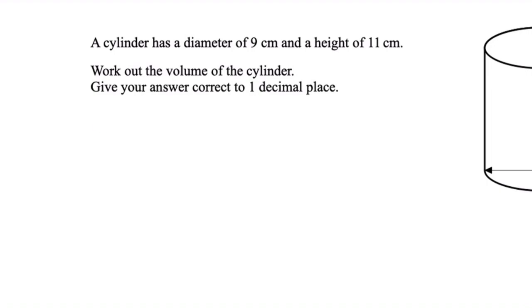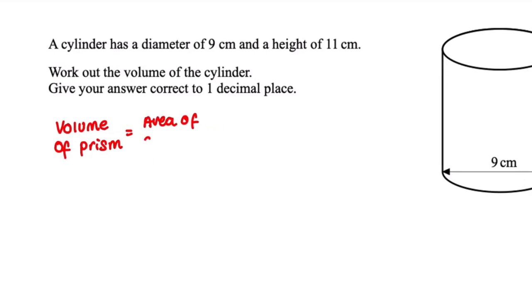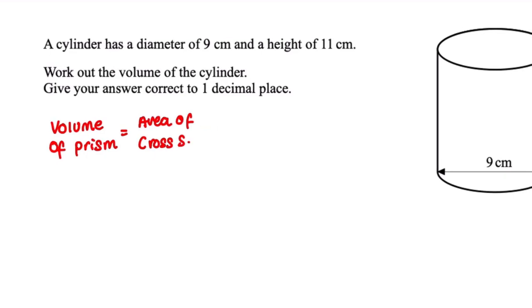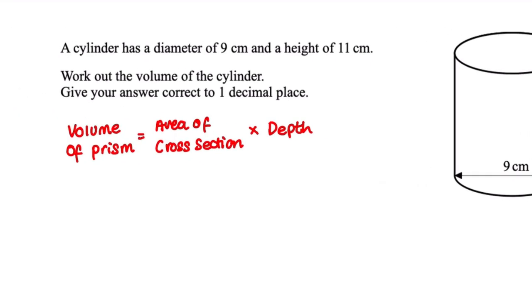Okay, so the volume of a prism is going to be equal to the area of cross section multiplied by the depth. So the first thing that we need to do is work out the area of the cross section.